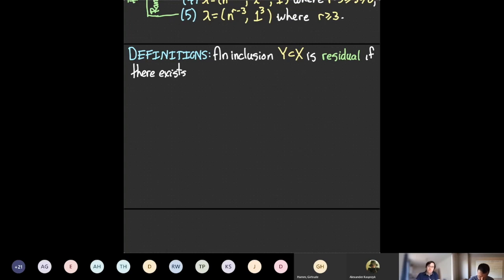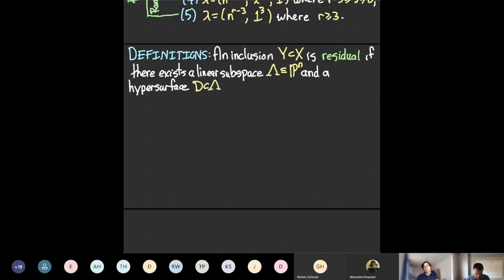First, a linear subspace, which I'll call capital lambda. It is going to be related to our lowercase lambdas. And a hypersurface, which I'll call D, thinking of it as an effective divisor in our linear subspace, such that two things hold.